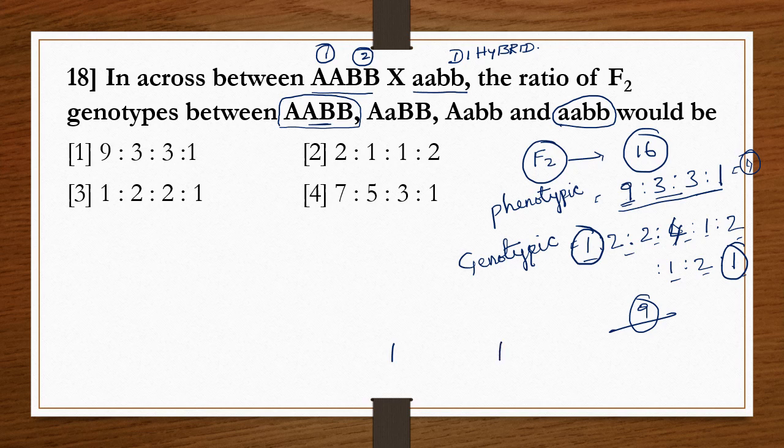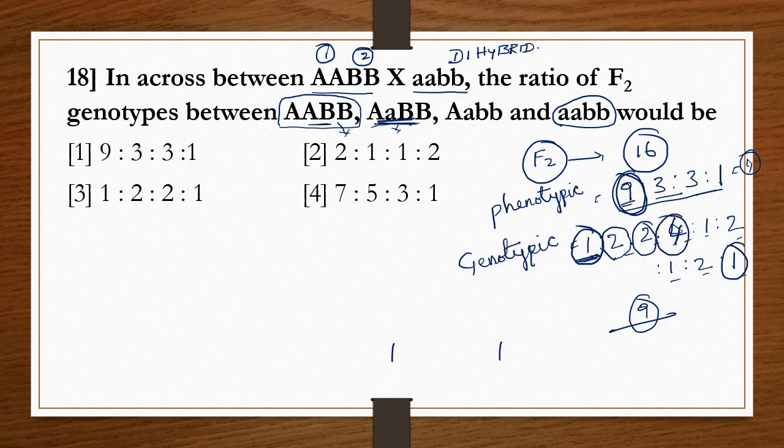Now here A is dominant, a is recessive, B is dominant. So how many of these genotypes are there? Here A and B represent the same character. So in these 9 genotypes, one is completely homozygous, and then 2 and 4.